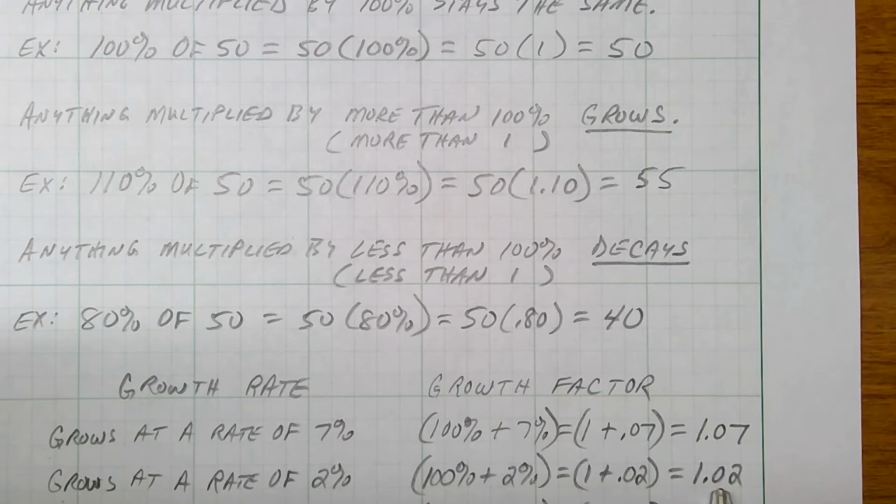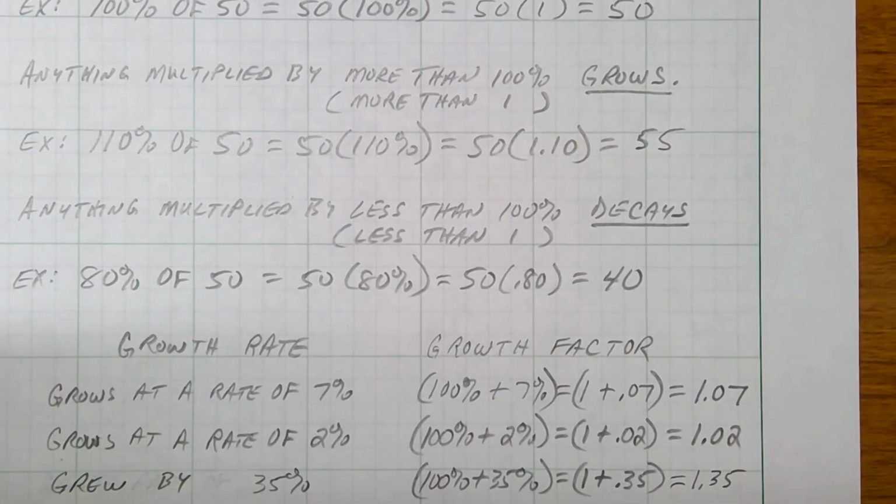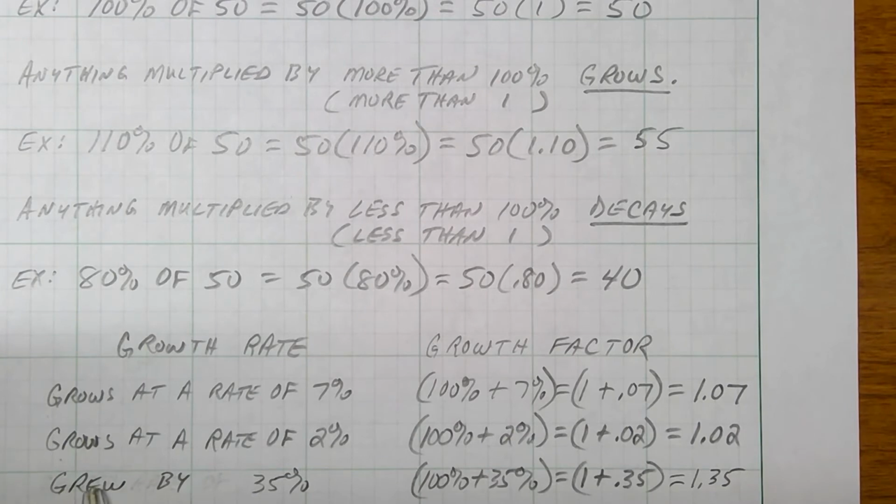So whatever the initial value is, you're going to multiply that by 1.02 if it's growing at a rate of 2%. All right, they might say it grew by 35%. Maybe you had a really good investment and it grew by 35%. What does that mean? It means however much you invested, you need to multiply it by 1.35 because it's 100% plus 35%. That's 1 plus 0.35, 1.35.